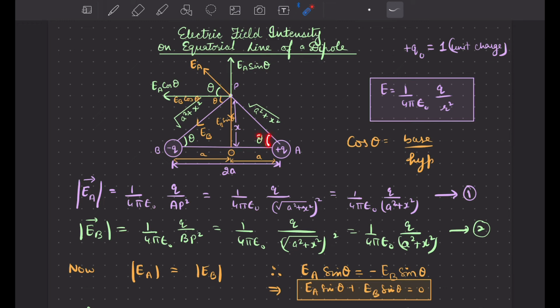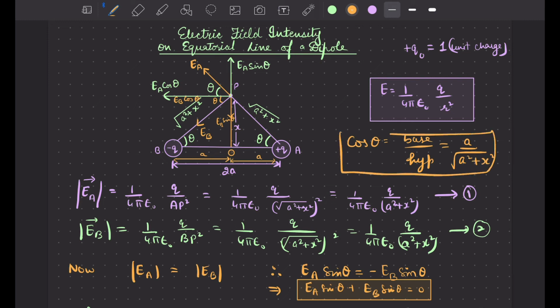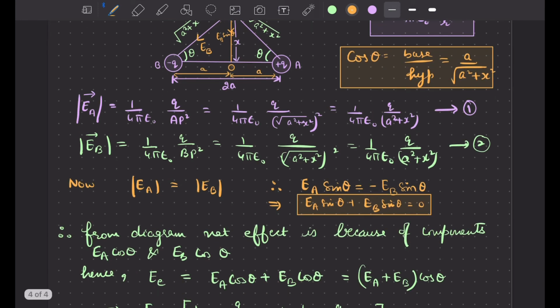Wherever the angle is, in front of the angle we always have the perpendicular, and the other side will act as the base. So the base is OA, that is equal to a, and the hypotenuse is AP, that is equal to under root of a square plus x square. So we have the value of cos theta as base upon hypotenuse, which is equal to a upon under root of a square plus x square.